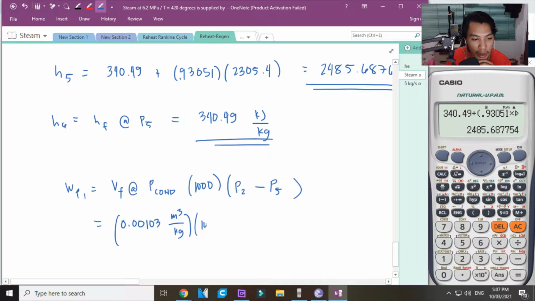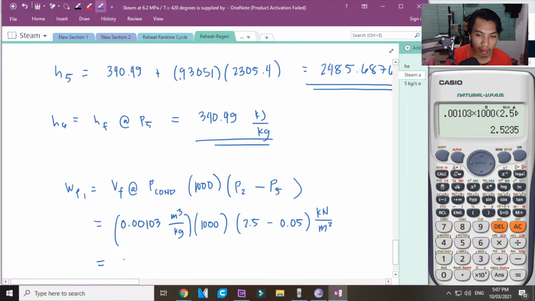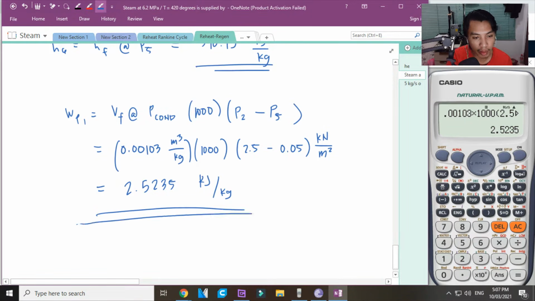The result is in kilojoule per kilogram. I'm telling you, this pump work is negligible, very small: 2.5235 kilojoule per kilogram.